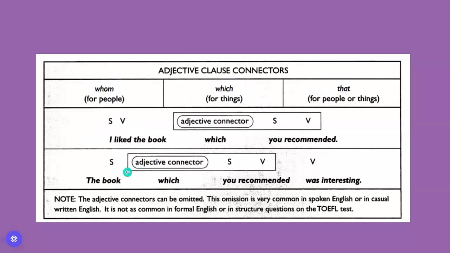Or I can have this other structure. The book which you recommended was interesting. Okay? And this adjective clause is describing the book. Which you recommended is describing the book.